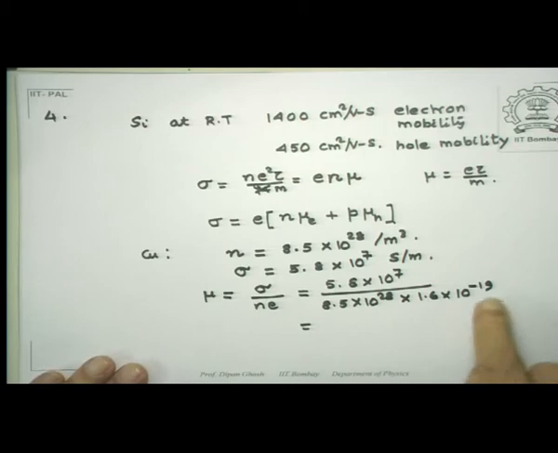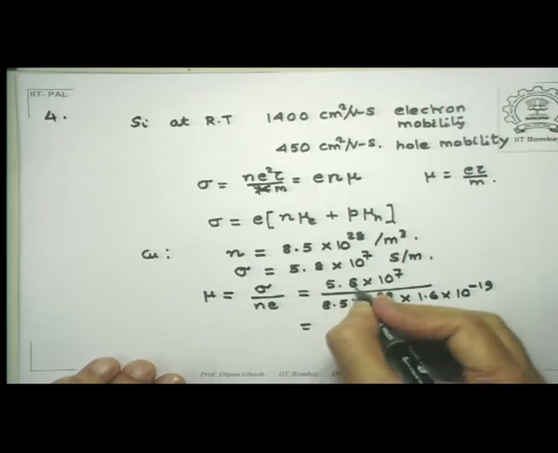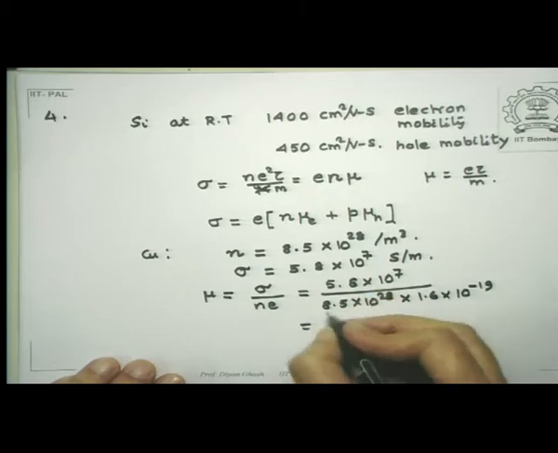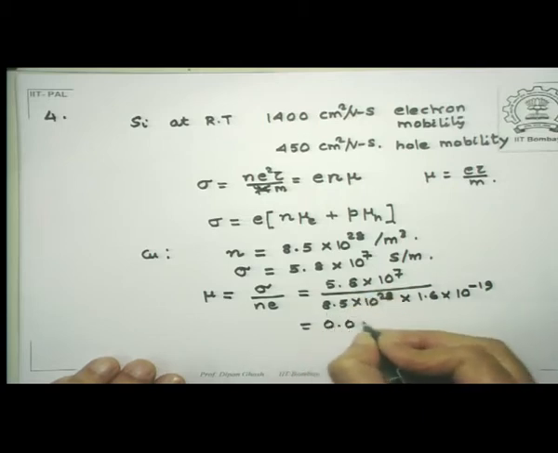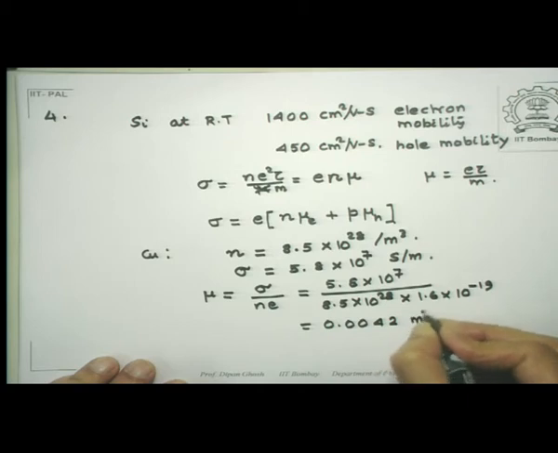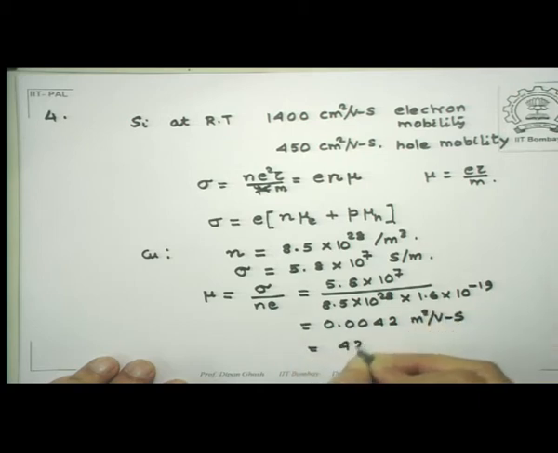You can calculate the number, but let's look at the order of magnitude. In the denominator you have got 10^9, so you take it up there, so you get 10^-2, and there is a 5.8 by 8.5, and it works out to 0.0042 meter square per volt second, which is 42 centimeter square per volt second.